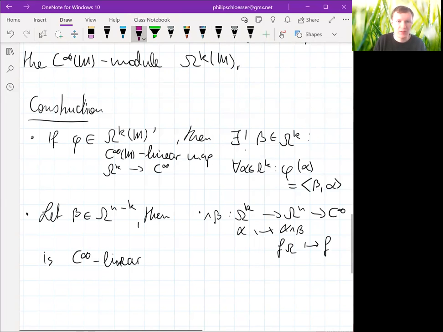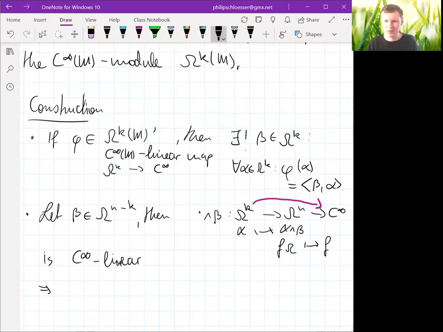So if we look at it now, we have, again, of course, this is also C infinity linear. We now have a map from Omega^k to C^∞(M), that is C^∞(M) linear. So we are exactly in this case here.